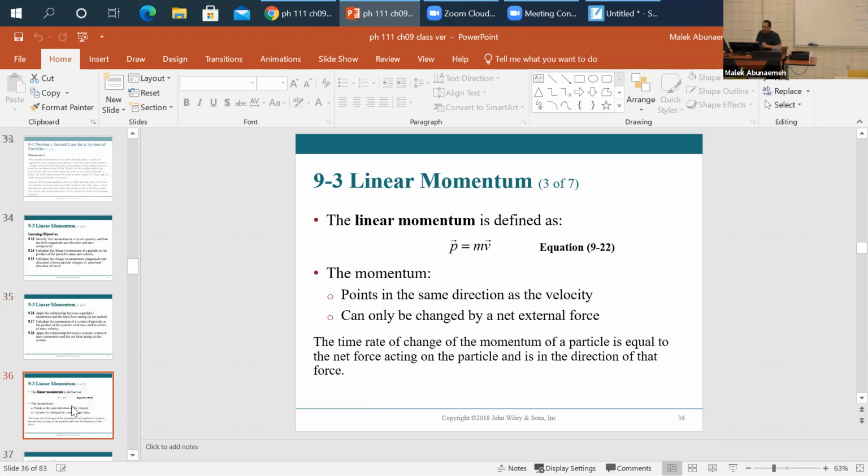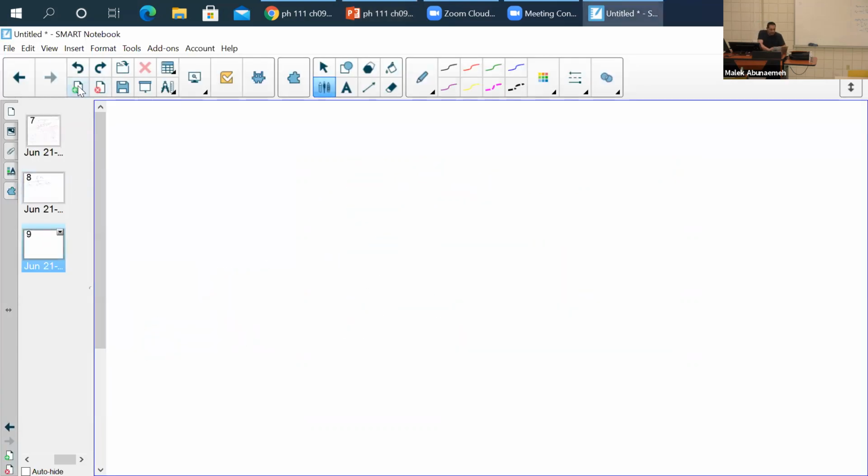So going back on this, the linear momentum is defined as mass times velocity. So let me go ahead and do this one over here. So we talked about this is the linear momentum, which is mass times velocity, which is basically all your masses multiplied by the center of mass velocity.